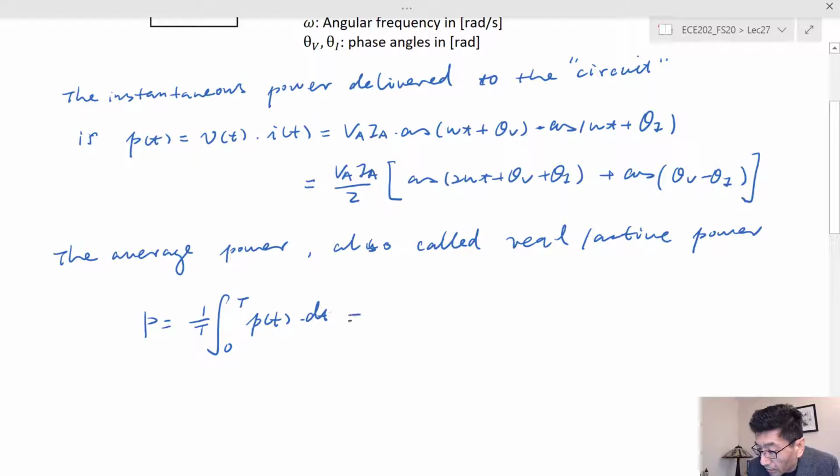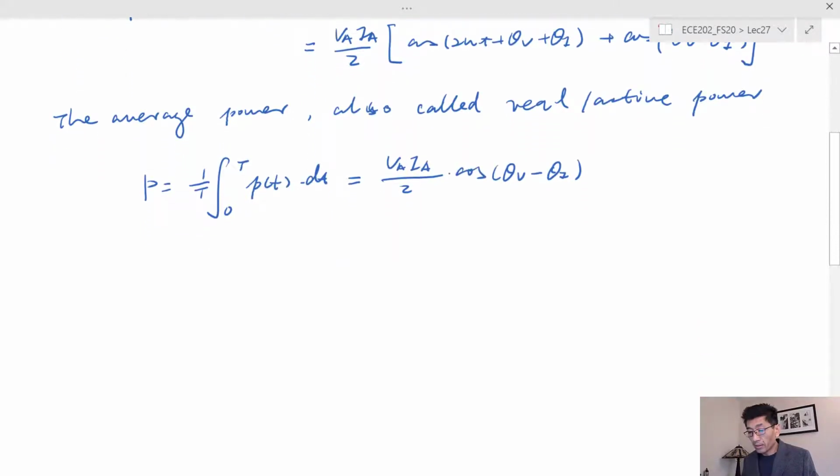And we know the average is going to be only the DC term, right? So one half V_A times I_A times the cosine of theta_v minus theta_I. Okay, so this is the real power, or the active power.